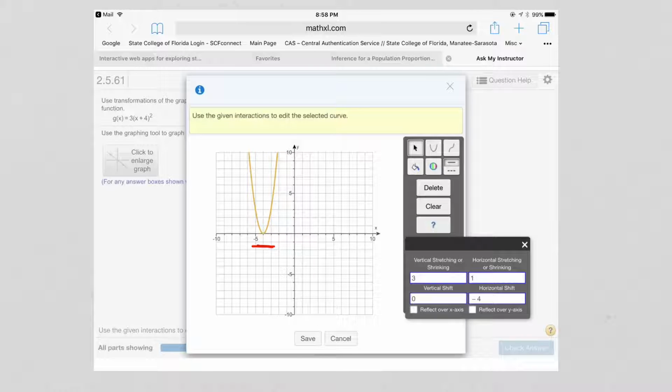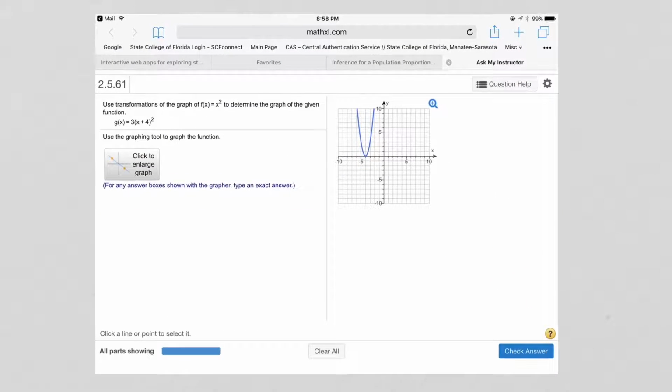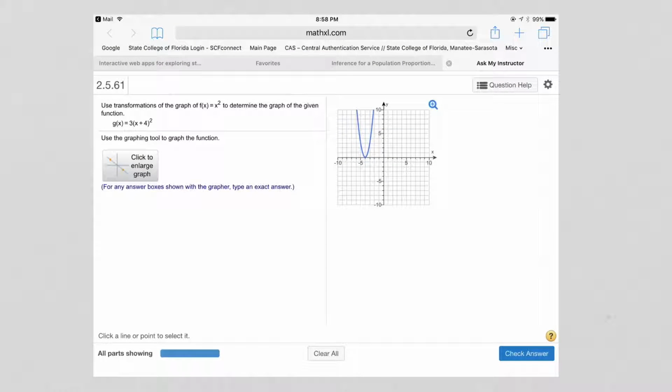All right, so now I'm going to check my answer. I have to close that window and I click on, I don't know, whatever it was. I don't think it was save. I think there was something underneath there. Oh, okay.